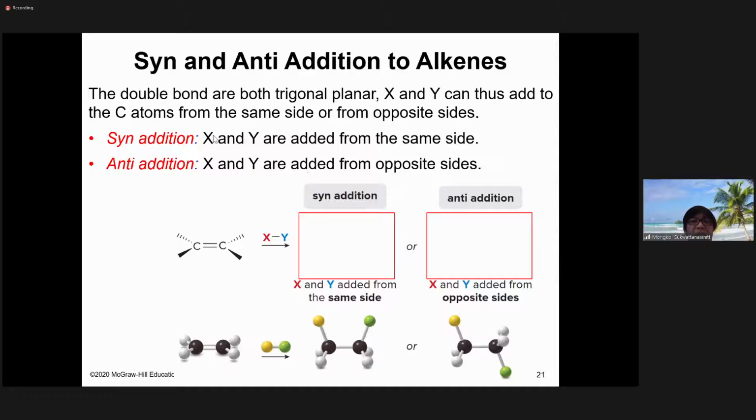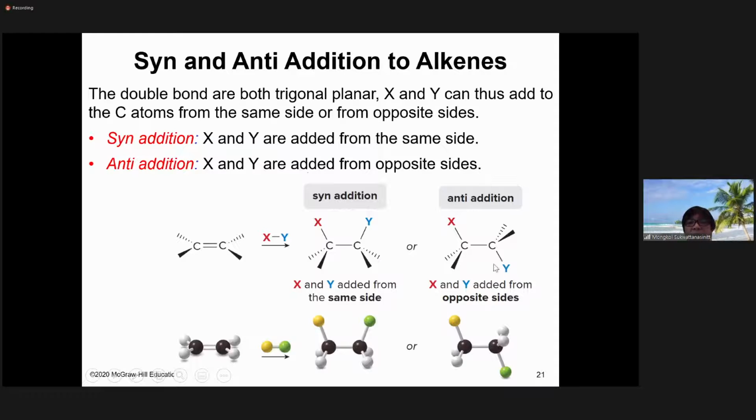Okay, in the addition to alkene, you have two modes of addition. One we call syn addition, in which X and Y add onto the alkene from the same side. But if the X and Y groups add from opposite directions, you get anti-addition here.